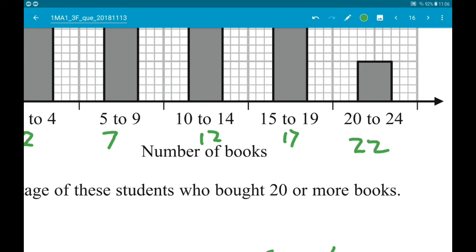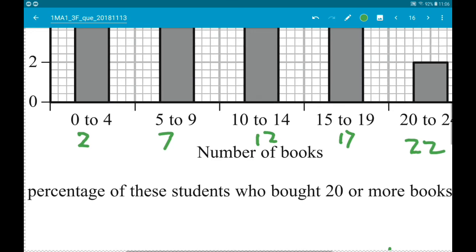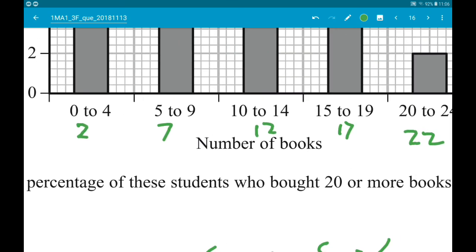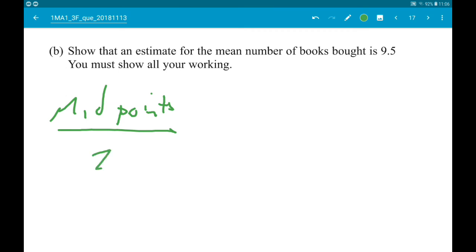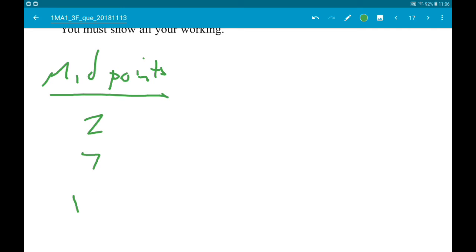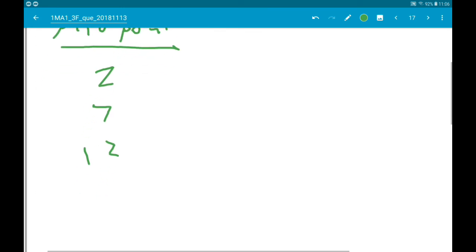So the reason we find the midpoint is it works as sort of the mean amount from each group. So let's write those down. So we got 2, 7, 12, 17 and 22.